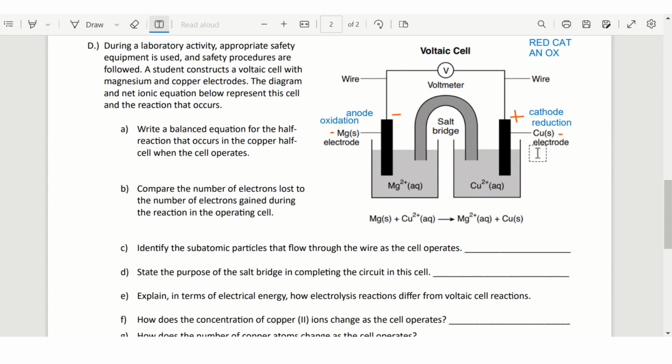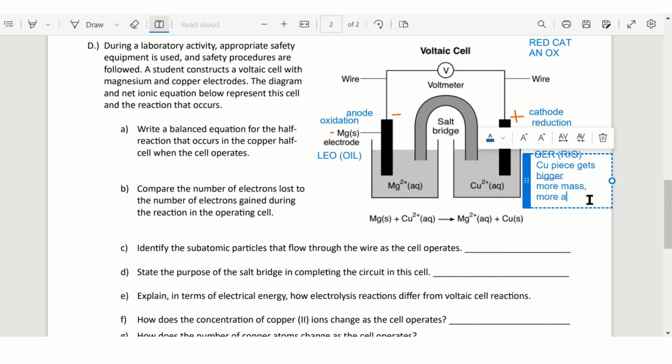All right, what else do I know about reduction? Reduction is gain of electrons, or rig, right? Anode, which is oxidation, is Leo, or oil, whichever one you want to remember, right? If something is gaining electrons, the Cu piece gets bigger, right? If the Cu piece gets bigger, that means more mass, more atoms, but less ions, okay?